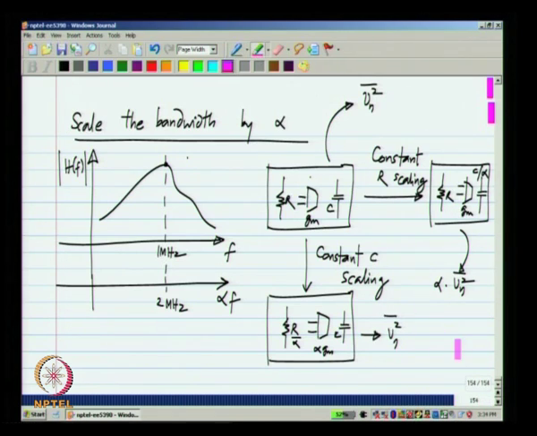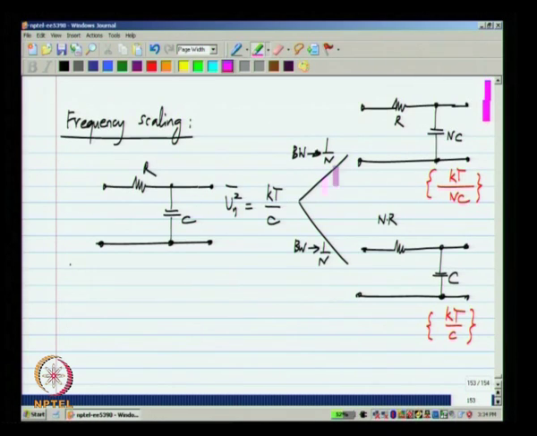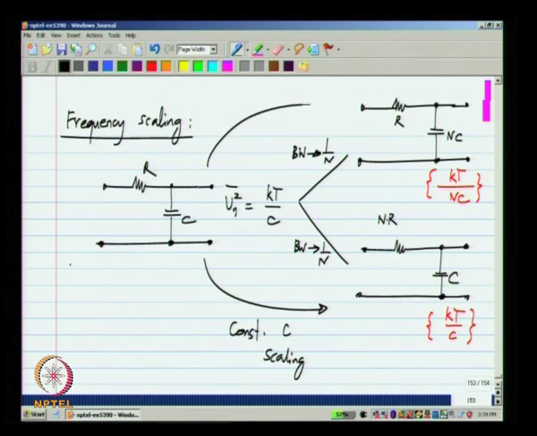Now, this is illustrated by the example. So, this is constant C scaling, and that is constant R scaling.